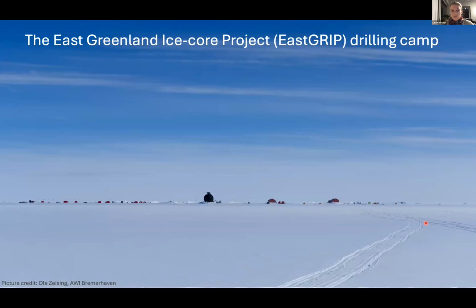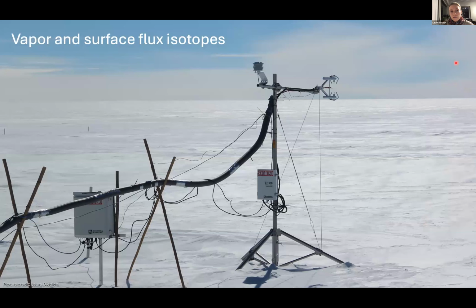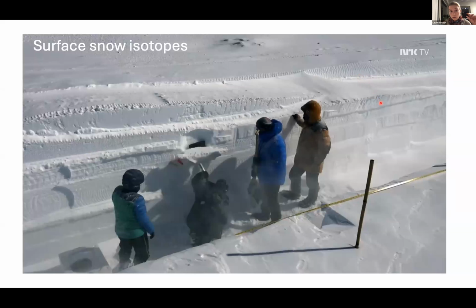And what we did at the surface was take a lot of different measurements that will inform about how the post-depositional processes affect the isotopes. For example, measurements of the vapor isotopic composition, but also of the flux of isotopes from the snow surface into the atmosphere. Or also just surface snow isotopes at different depths, very much at the surface or further down.